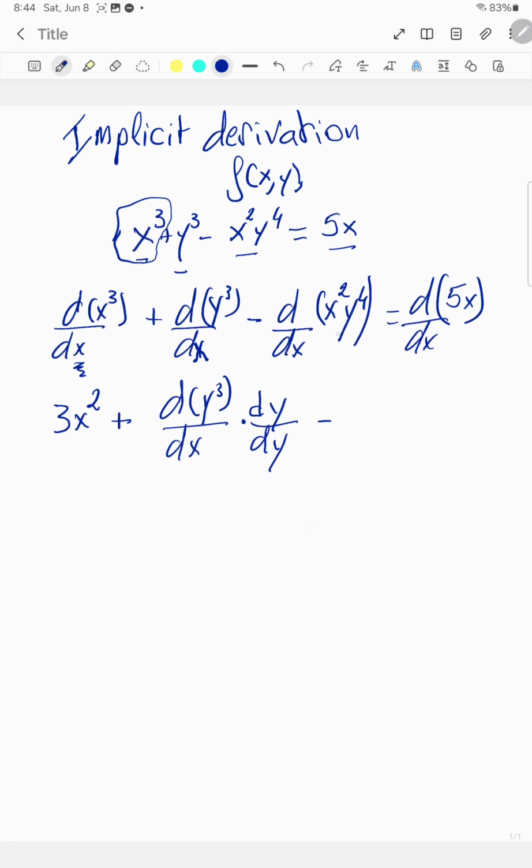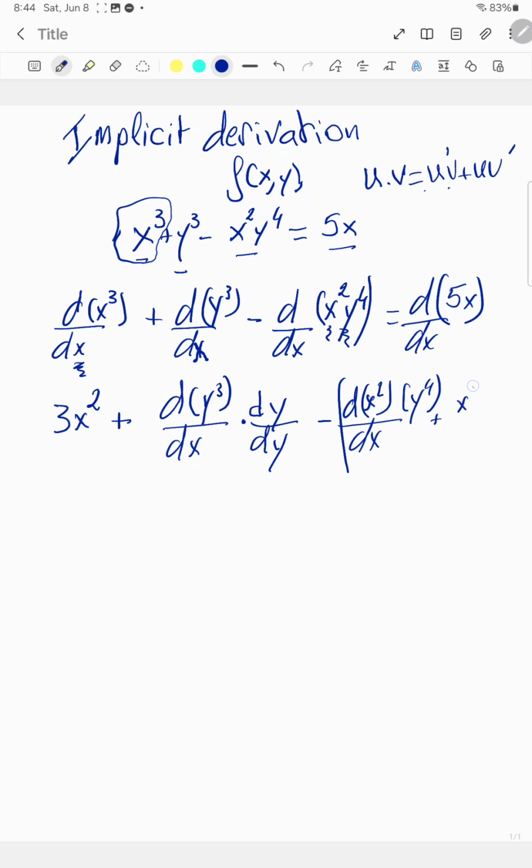Minus, so I have the formula u times v is equal u prime v plus u v prime, and this is my u and this is my v, and I want to apply the formula. So it becomes derivative of x squared according to dx multiplied by y to the power of 4. So this is u prime times v, plus, let's put a parenthesis here, now u times v prime.